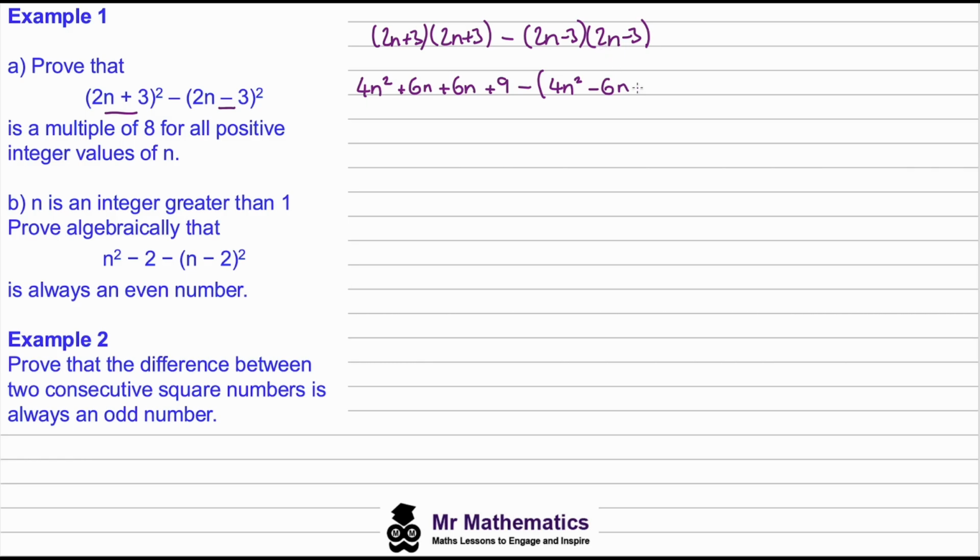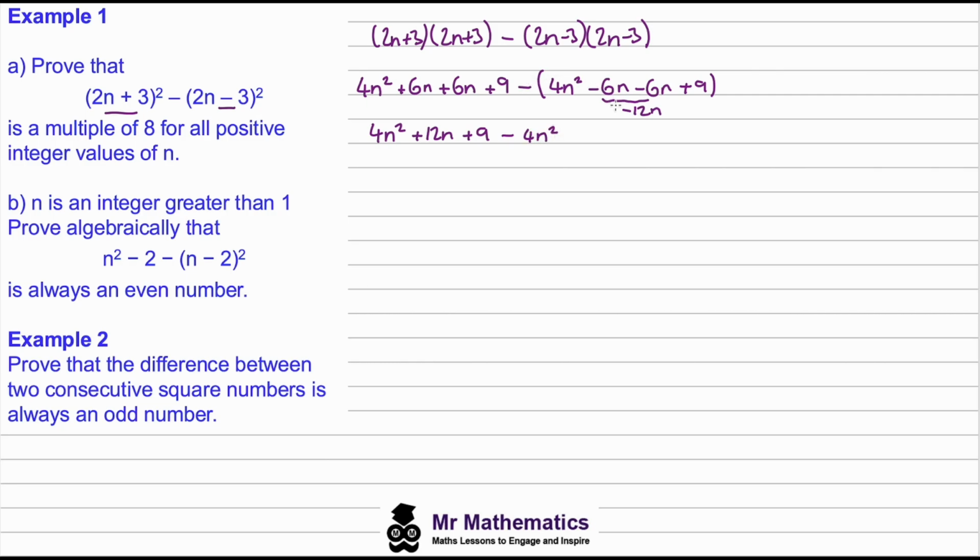And again. And then the negative 3 times the negative 3, which will give us positive 9. We can collect the like terms. So we've got 4n squared plus the 12n plus the 9 minus, this will give us negative 12n, and then we'll expand out the negative, so we've got negative 4n squared.